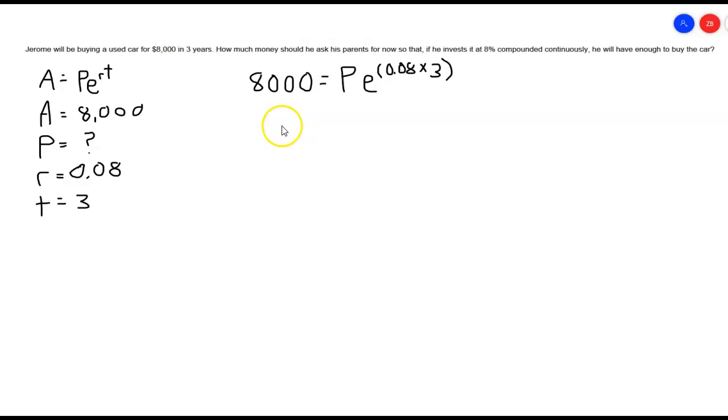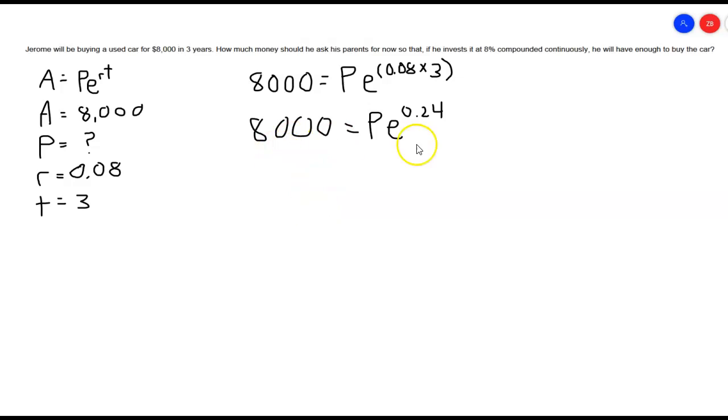All right. So I'm going to go ahead and start solving this. This is going to be 8,000 is equal to, once again, P times e to the 0.08 times 3, which is 0.24.